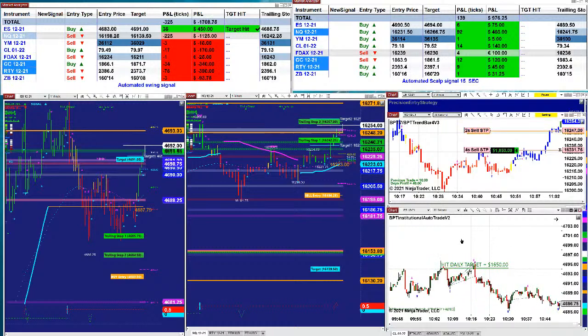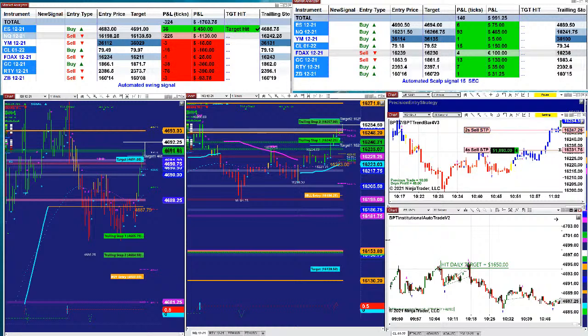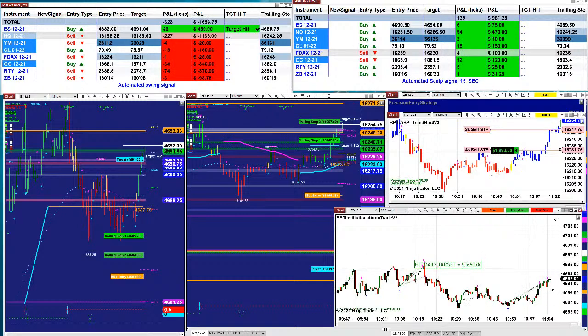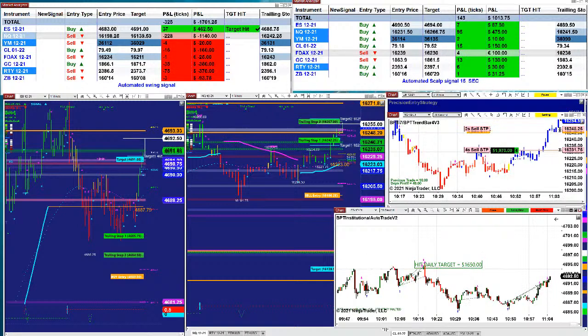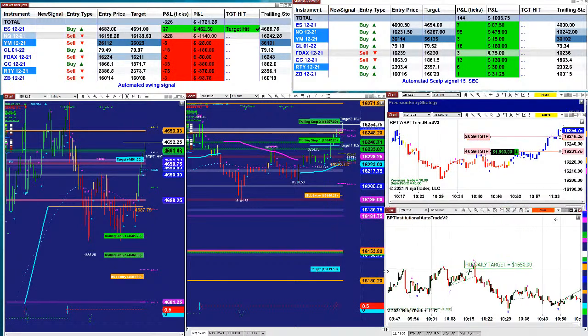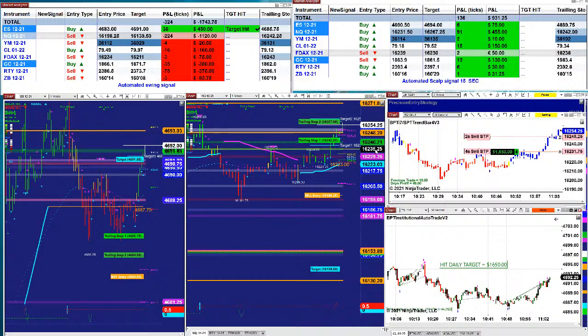You can see those trades: break even, win, win, win, and that's because of the filter that kept you away from the trouble in the market.